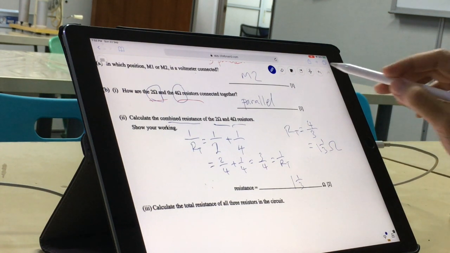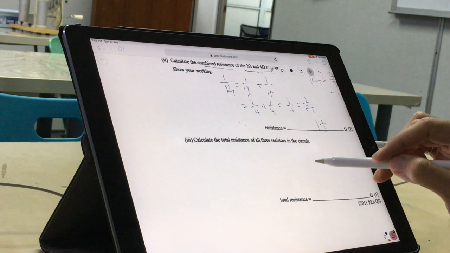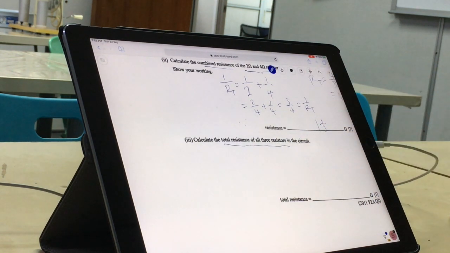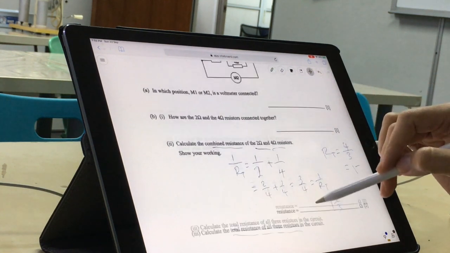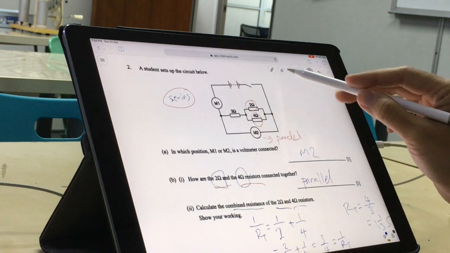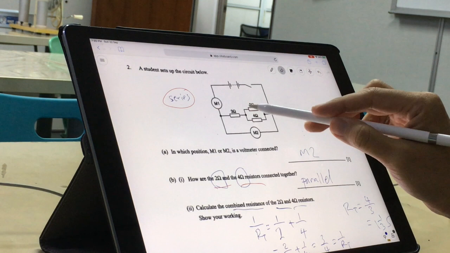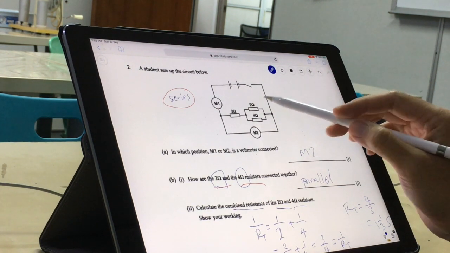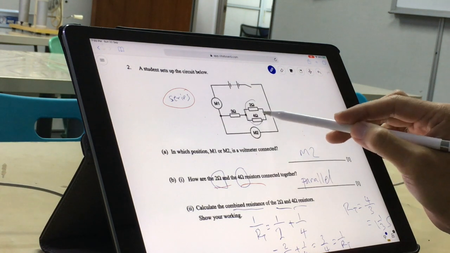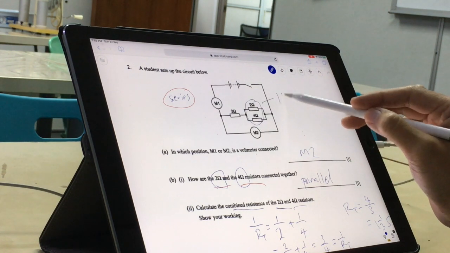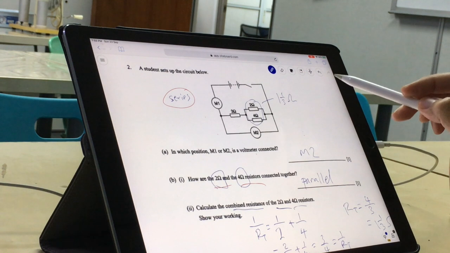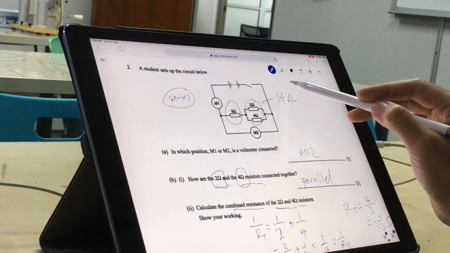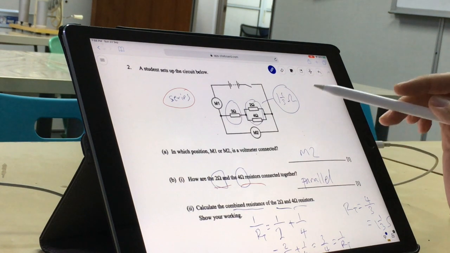Next, find the total resistance of all 3 resistors in the circuit. This is the part where you need to use your 6 formulas. Just now we calculated this part, it's 1 and 1/3 ohm, right? We combine. But how about between the 3 ohm and the 1 and 1/3? Is it series or parallel?